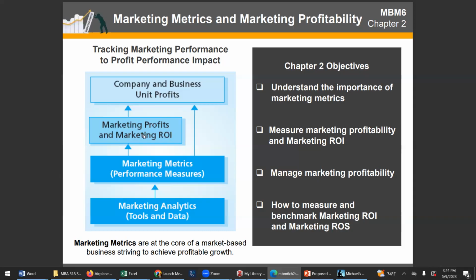And those marketing profits and ROI in turn drive company and business unit profitability.